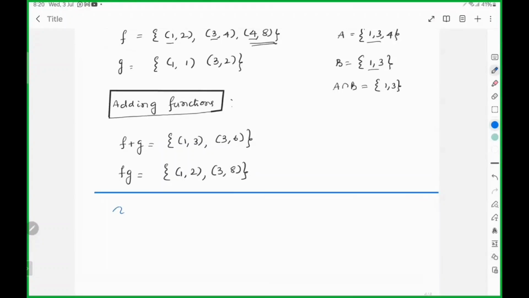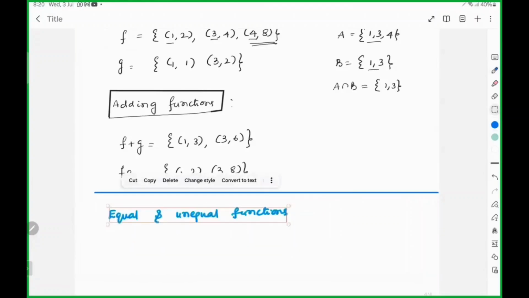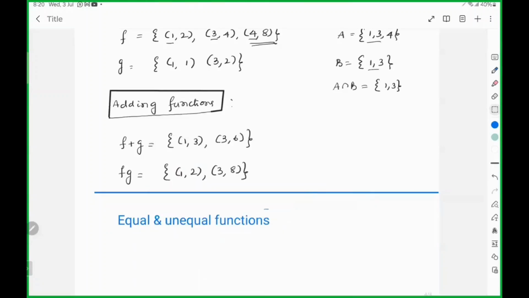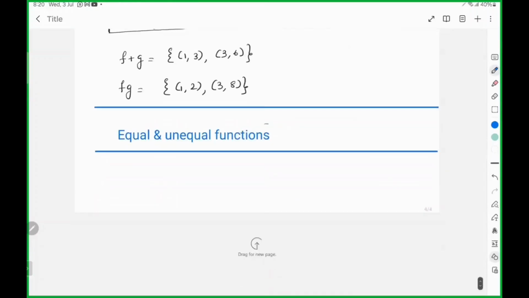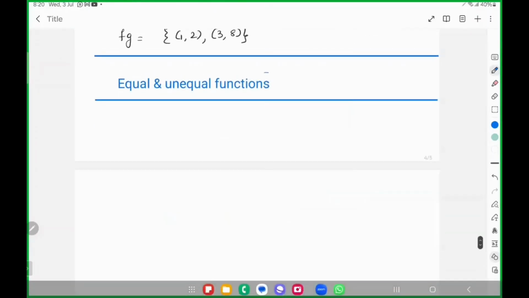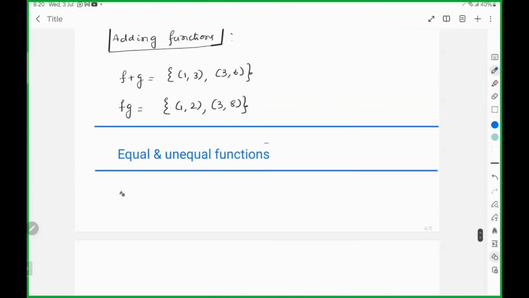Next here, equal and unequal functions. So when do you say two functions are equal? When do you say two functions are not equal?